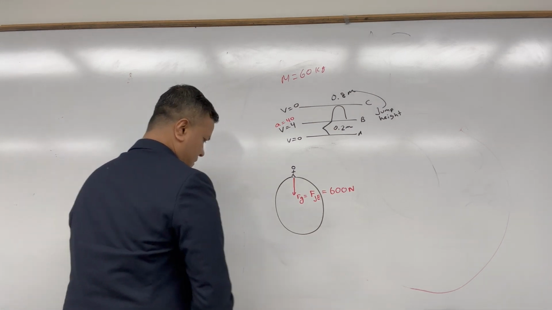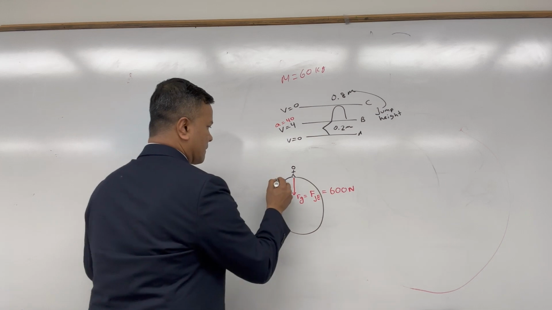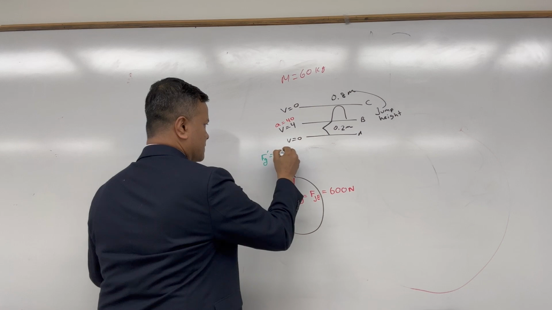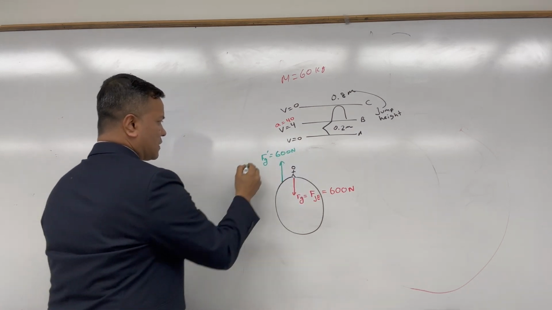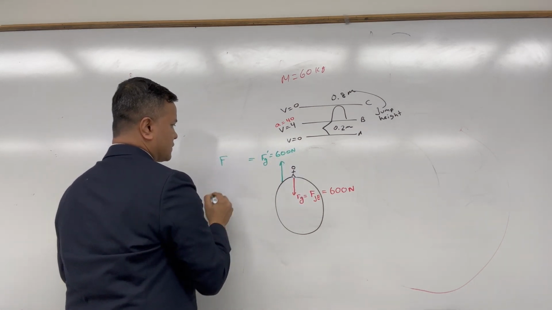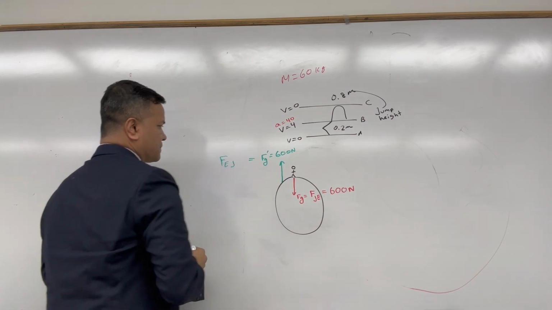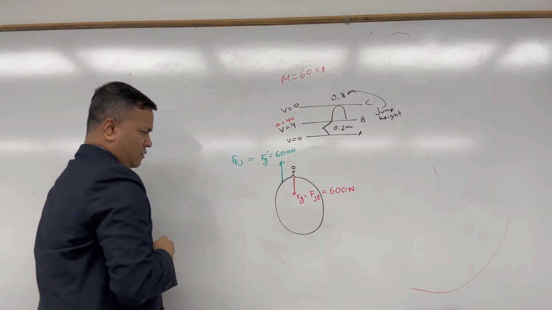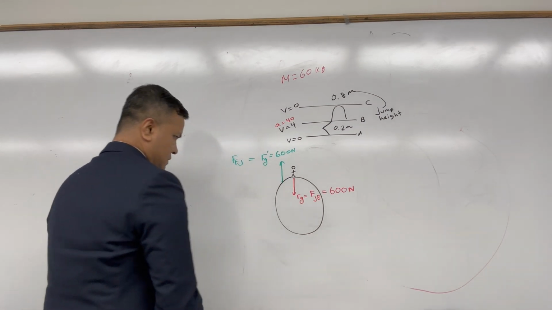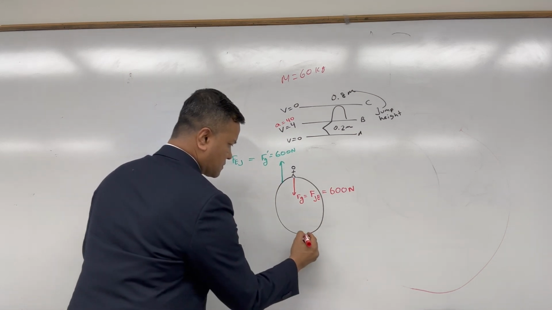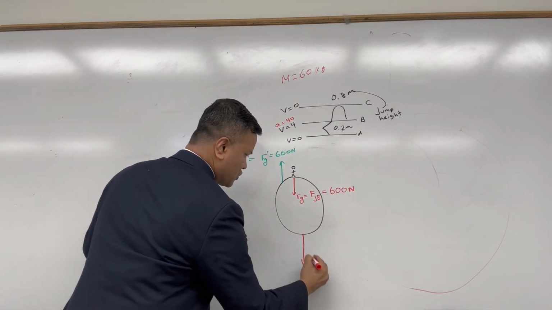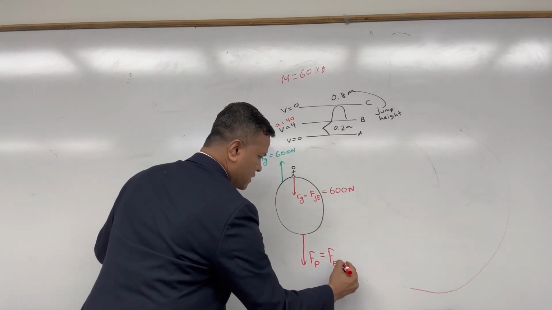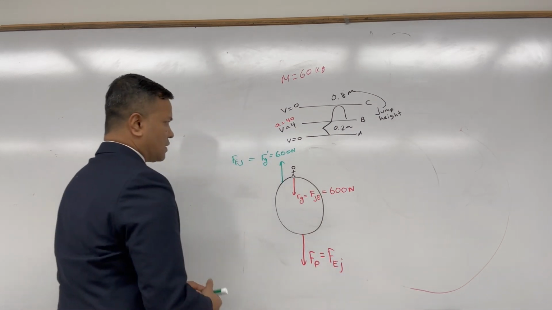Then G prime is also 600 Newtons. We're going to call it force on Earth by Josh. This one, we're going to call it F push.